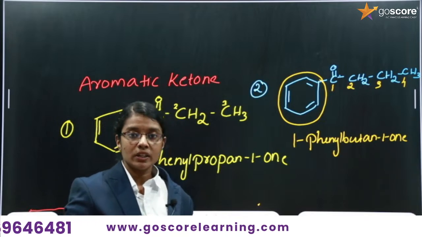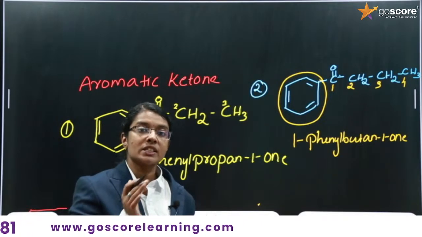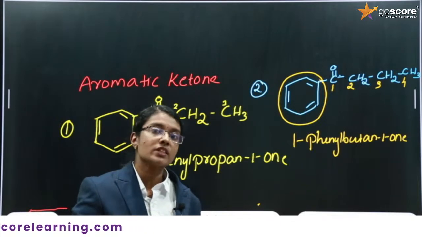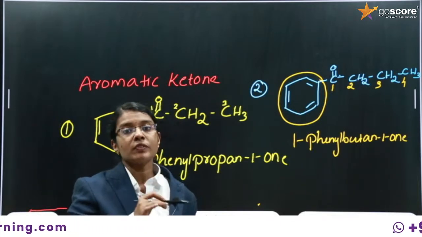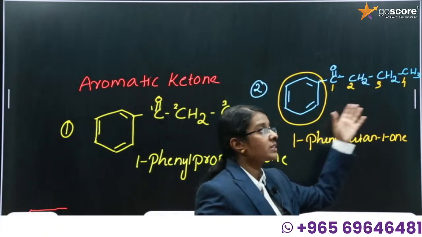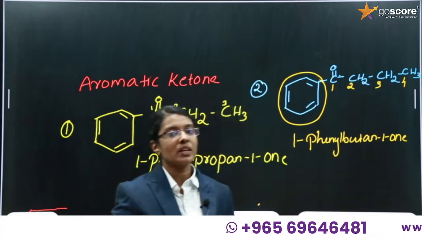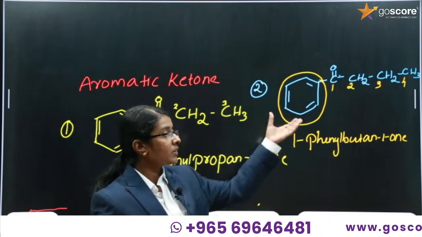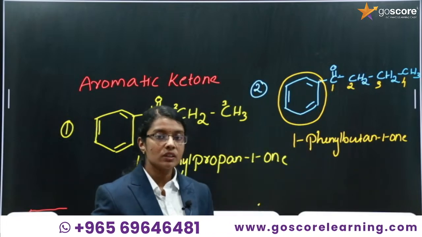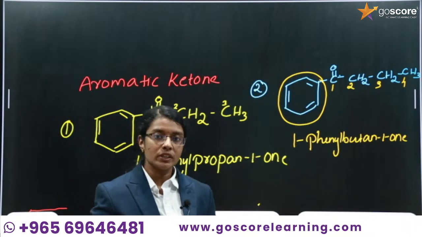Aromatic aldehyde can be of two types. If the CHO group is directly attached to the benzene ring, it is called benzaldehyde. If it comes as a side chain, the side chain is considered the main chain, and the phenyl group is considered the substituent. Is that clear?